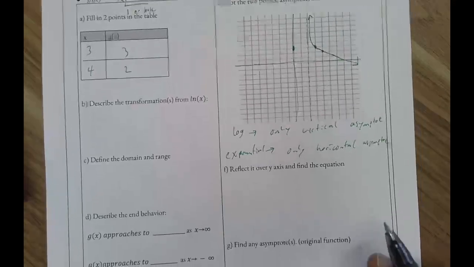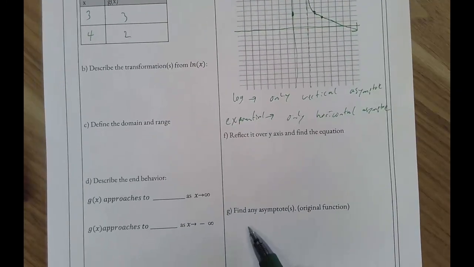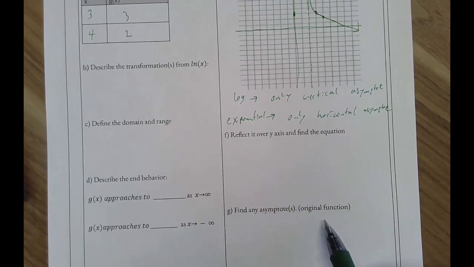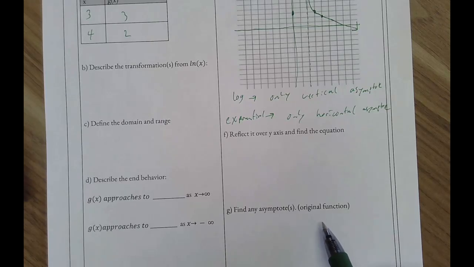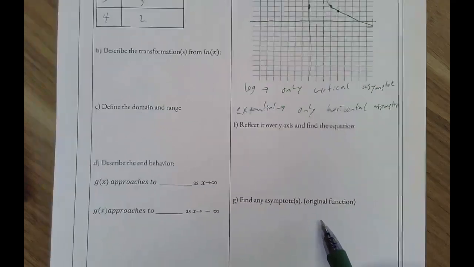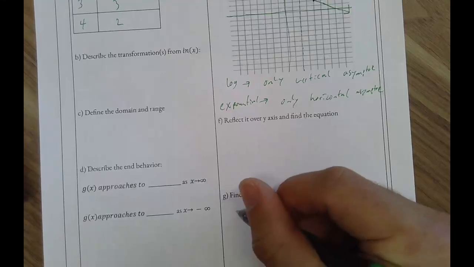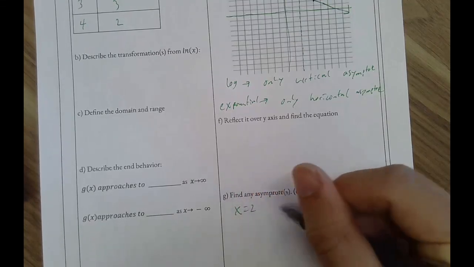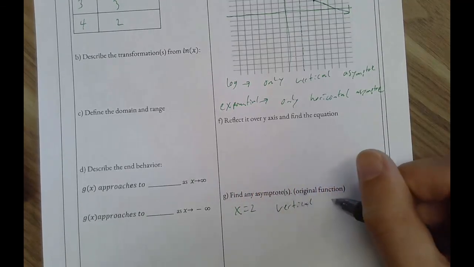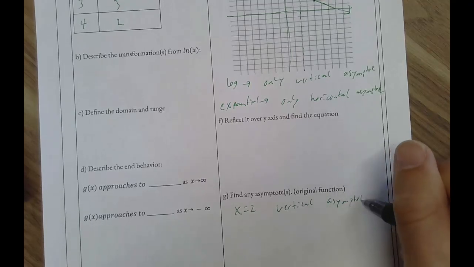Find any asymptotes in the original function. So we know that x equals 2 is the vertical asymptote. Okay, let's fill in the rest of this.